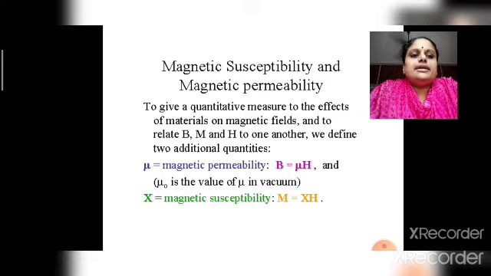Magnetic field strength B is equivalent to mu into H, where H is the magnetic intensity, and magnetization M is equivalent to chi into H, where chi is the susceptibility and H is the magnetic intensity.